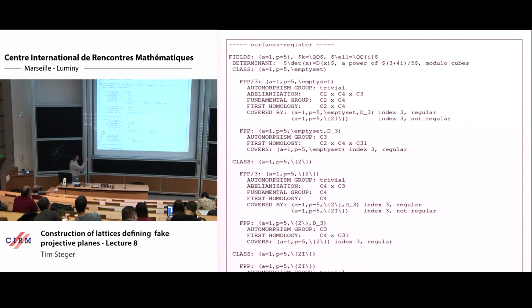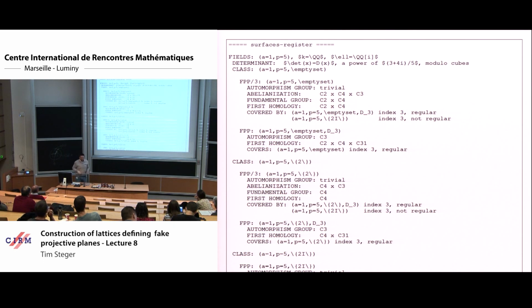So that (3 + 4i)/5 is integral in L, except at the two 5-adic primes, and the determinant can be a power of that fundamental S unit, and in the table we've actually listed what it is in each case.